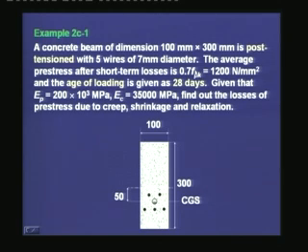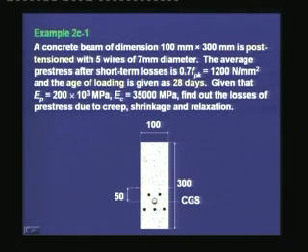Given that the modulus of the pre-stressing steel is equal to 200 times 10 to the power 3 megapascal, and the modulus of concrete is equal to 35,000 megapascal, find out the losses of pre-stress due to creep, shrinkage and relaxation. Note that here we are not calculating the short-term losses, we are just calculating the long-term losses.